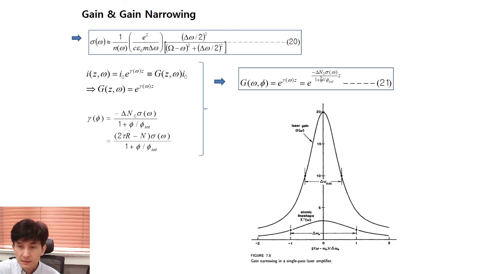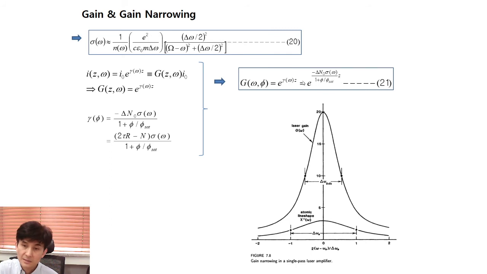The line shape of sigma is this broad, but the gain curve is much sharper than this. That's because the gain curve is a function of exponential minus sigma as a function of omega times z.